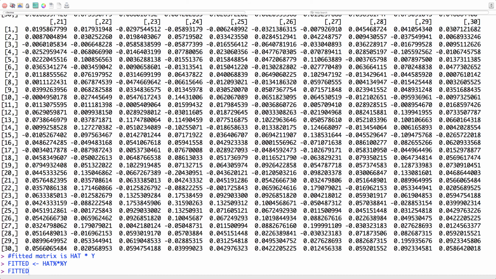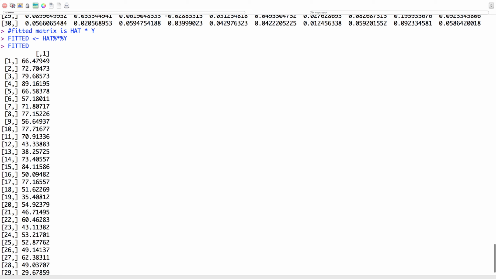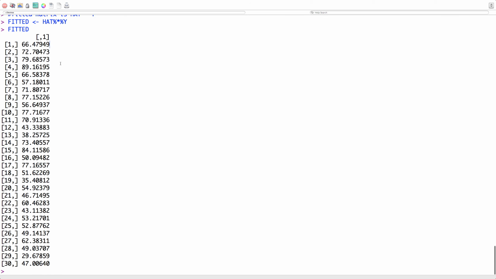So our fitted matrix gives us some cool stuff. Using our model, if we put in the x values, for example, for the first observation, well, I'll put it this way. Here in a second, I'm going to put this all in one data frame, one table, where we're going to see what we get there.